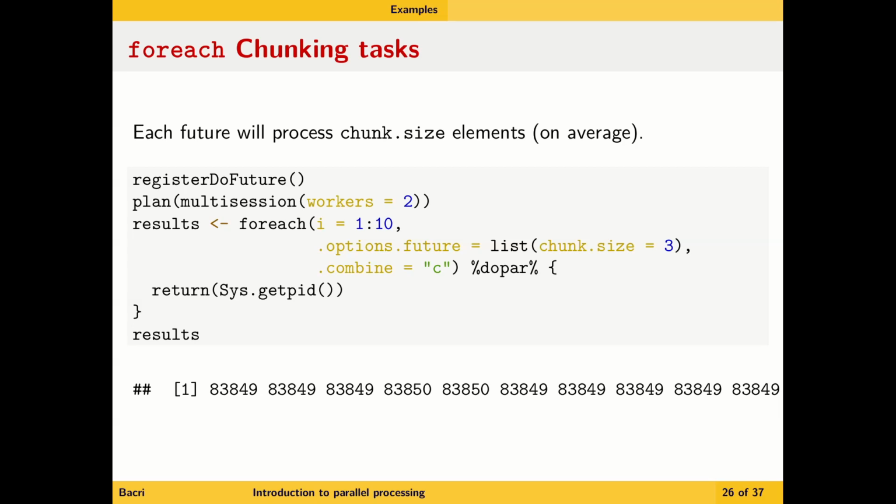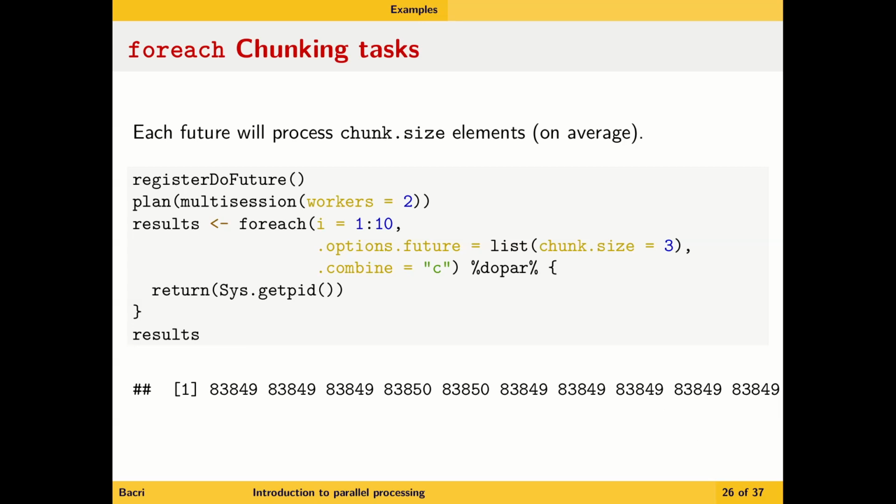So here, if I try to combine it with a chunk size of 3, an average number of 3, the first 3 are combined into the same process, which will run the first three tasks at once. Then the second process runs 2, and the third process runs 5. It tries to do an average somehow.